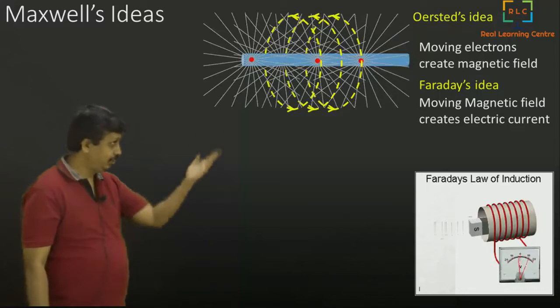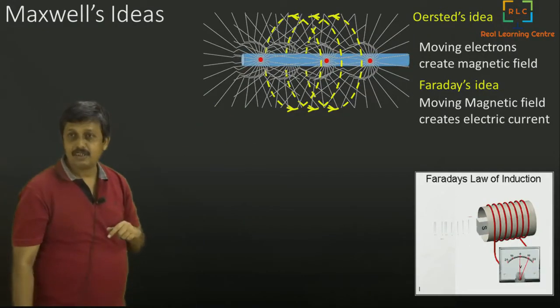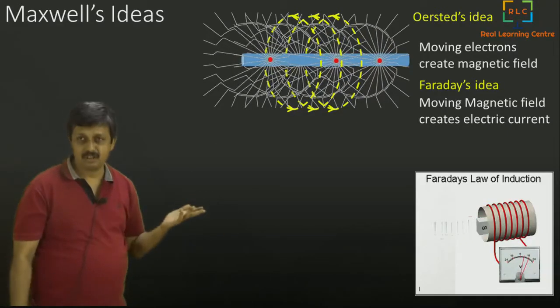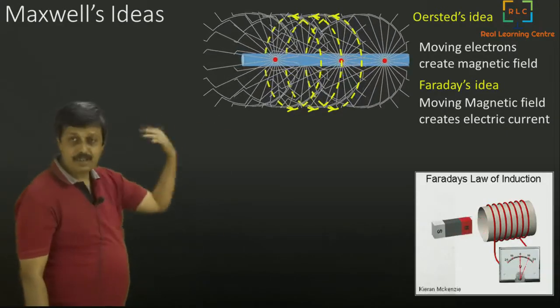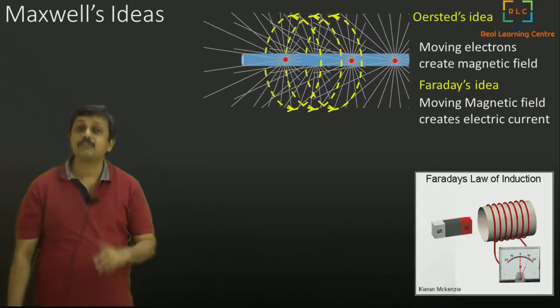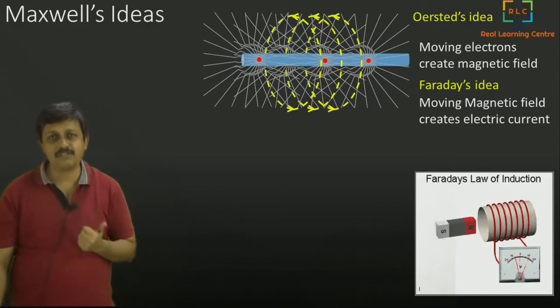See, these two things are very complementary. Moving electrons create a magnetic field, and a moving magnetic field creates electric current. Electric current means moving electrons. So moving electrons create a magnetic field, and a moving magnetic field creates moving electrons. Interesting.